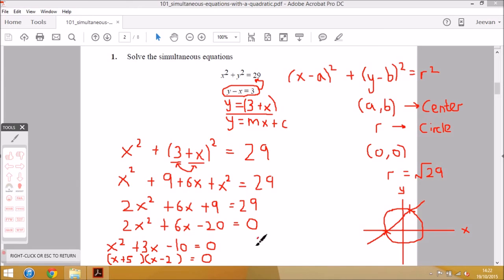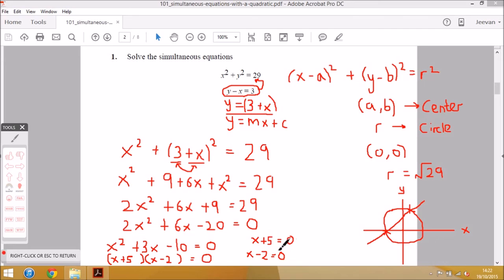So what that means is, for the whole thing to equal 0, either x plus 5 has to equal 0, or x minus 2 equals 0.